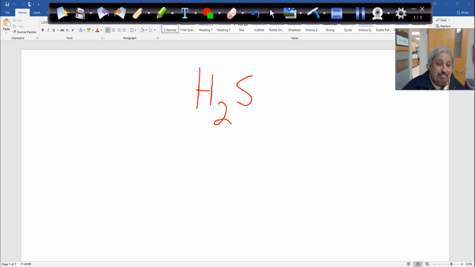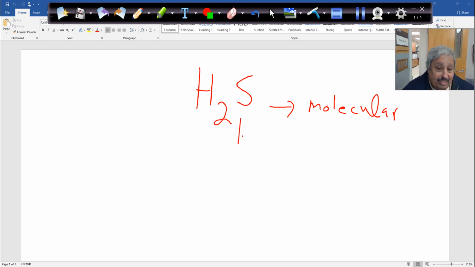Now I'll give you 1 minute to think about it. I need the molecular shape, not electronic, but molecular. Don't look it up. What's the best way to answer this question? What's the shape of this? We have to do what first? How in the world will I know what shape that is without the Lewis dot structure?